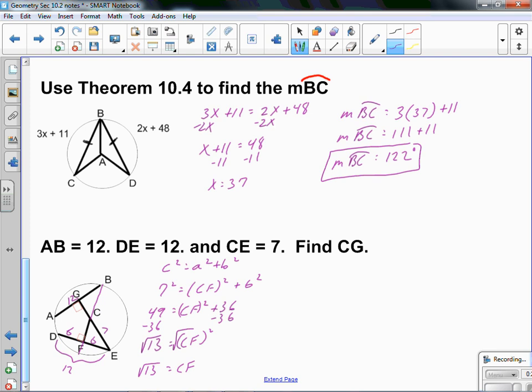So the length of CF is going to be the square root of 13. And since CF and CG should be congruent, once we know what CF is, we know CG is also going to be the square root of 13.